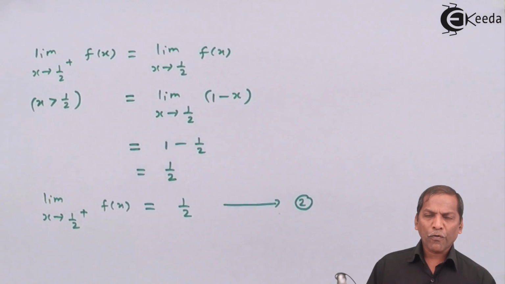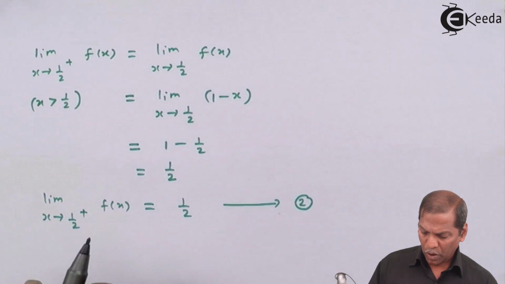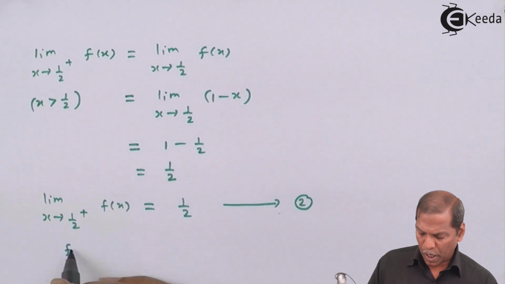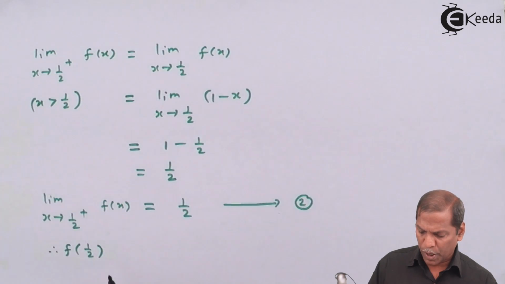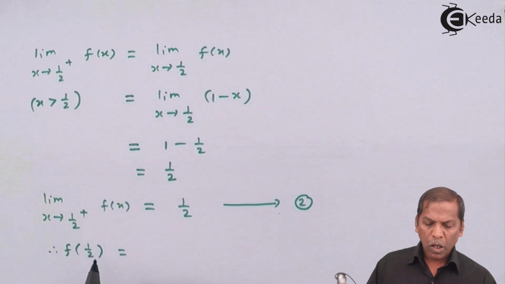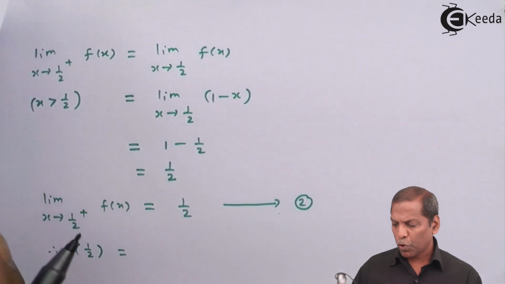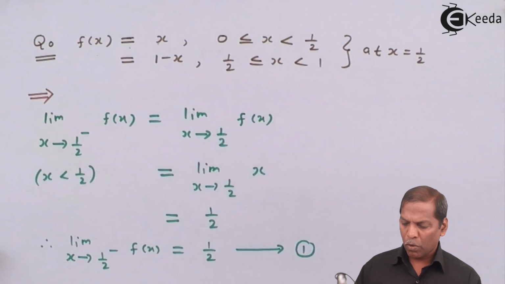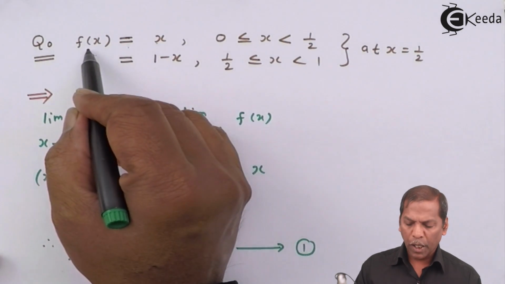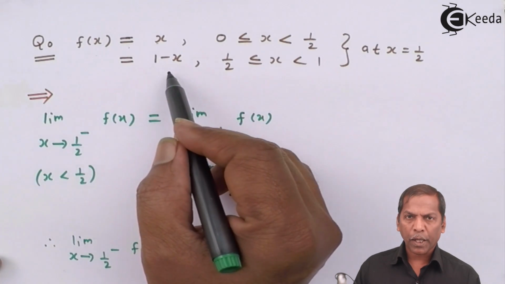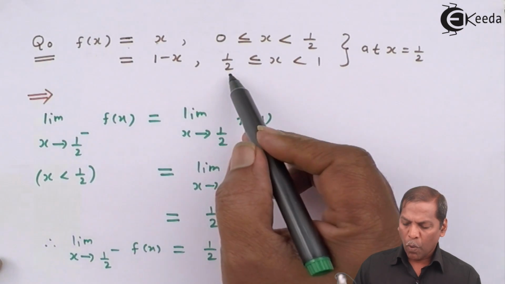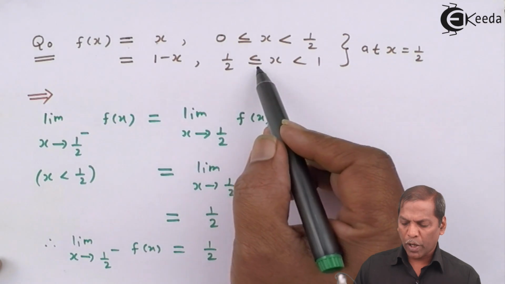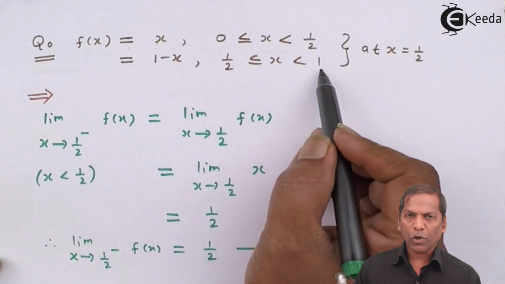Now the third part of the question is x exactly equal to 1 by 2. It means f of 1 by 2 is equal to... Now if you go through the question, we have f of x is equal to 1 minus x under the condition 1 by 2 less than or equal to x less than or equal to 1.